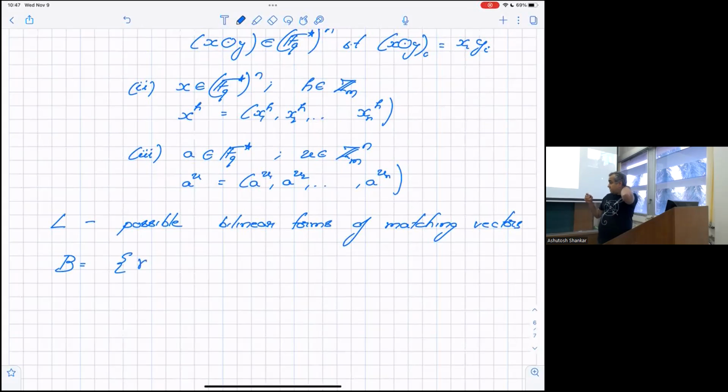The gamma, recall, was an element of order M. It's going to be basically gamma to the l, where l is in L union 0.